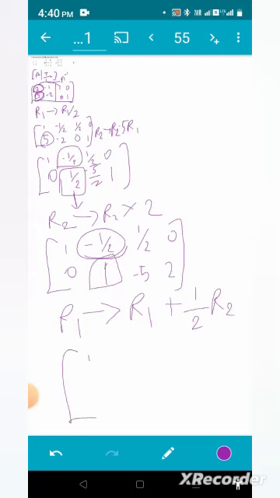So I get 1, minus 1 by 2 plus 1 by 2 multiplied with 1 by 2, so we get 0 here. Similarly, R1 plus 1 by 2 of minus 5 by 2: 1 by 2 minus 5 by 2, that is minus 4 by 2, that is minus 2 here.